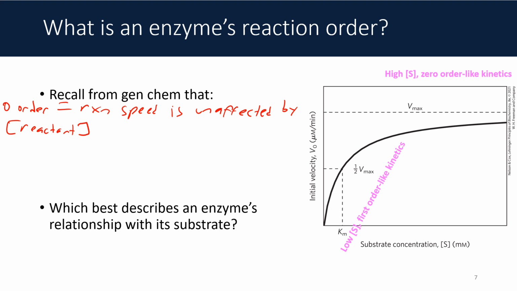Adding more reactant does not make it go any faster. A first order reaction means the reaction speed goes up as the reactant's concentration increases.